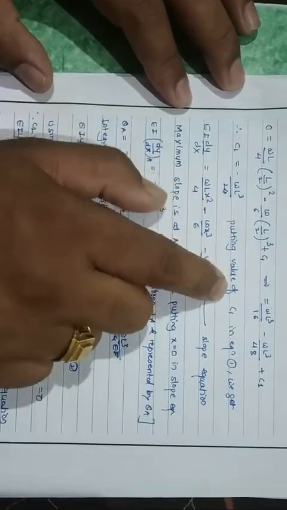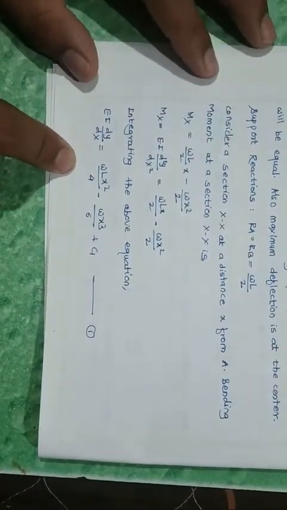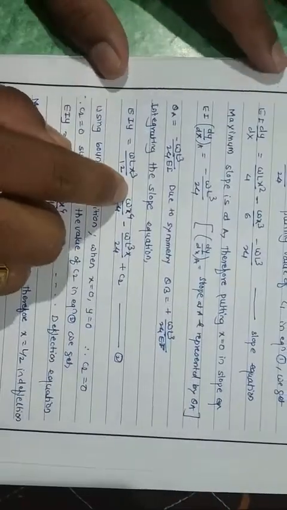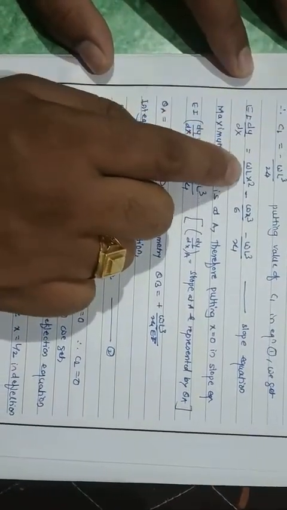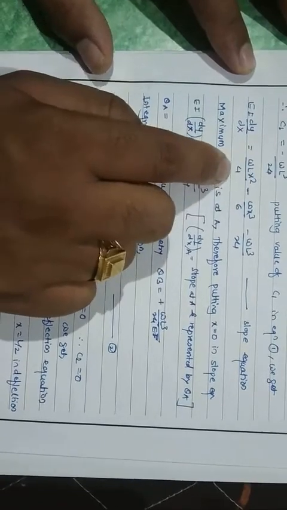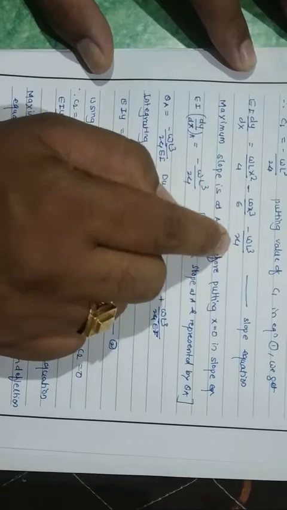Putting the value of C1 in equation 1, we get EI dy by dx equals W L x square divided by 4 minus W x cube divided by 6 minus W L cube divided by 24.